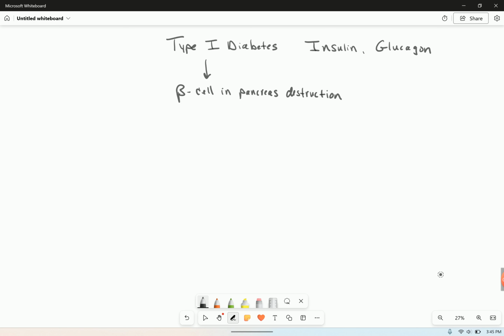The beta cells are what make and release insulin. And the role of insulin is to lower blood sugar levels.